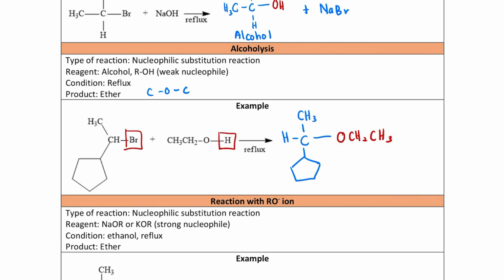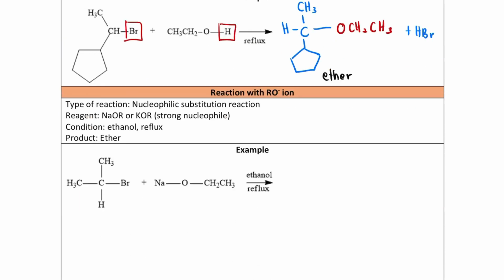So this one ada C, ada O, ada C. So this is what we call ether. And the side product will be HBr. So that is alcoholysis. Alcoholysis ni name of reaction, type of reaction dia adalah nucleophilic substitution reaction. So kita akan form ether.